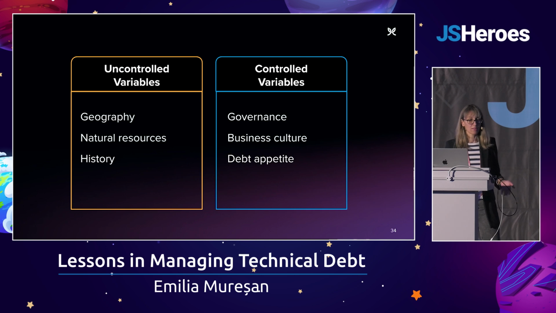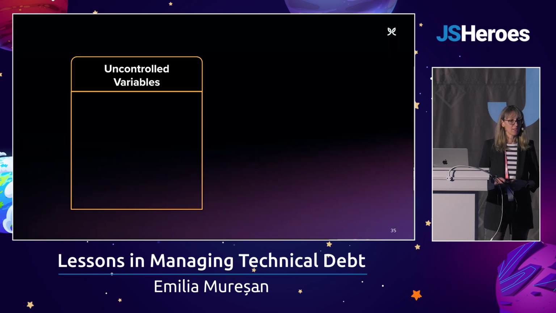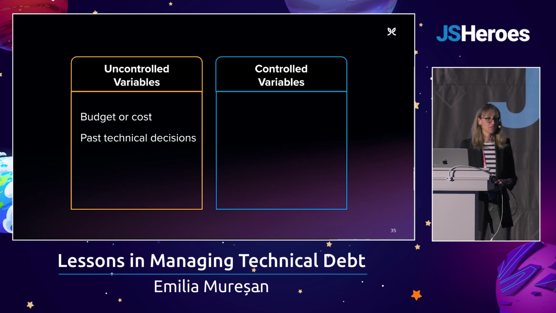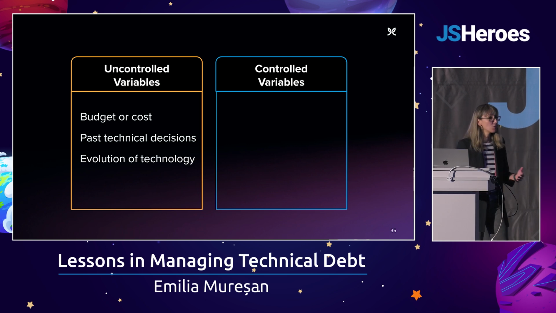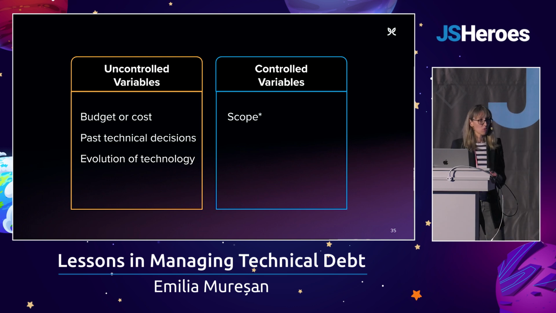I think we can correlate this with software development as well, where we have uncontrolled variables and controlled variables. Budget or cost is often outside of our control. Past technical or architectural decisions are also out of our control. The evolution of technology is out of our control. But we can control or at least influence scope.